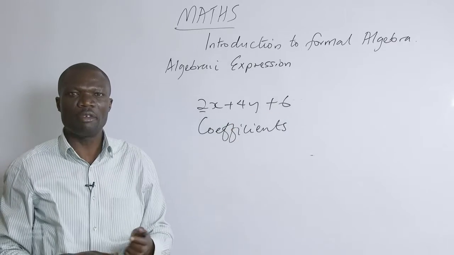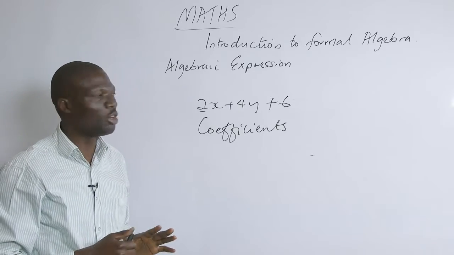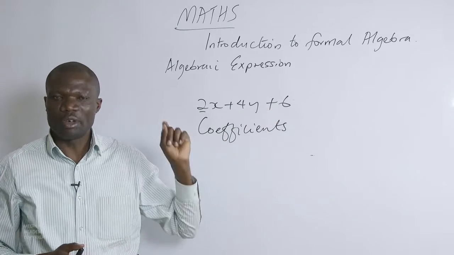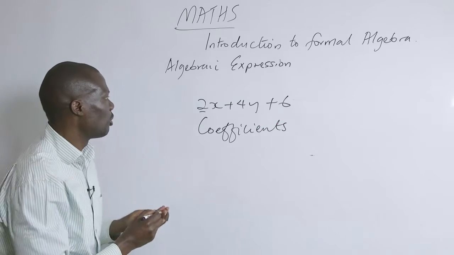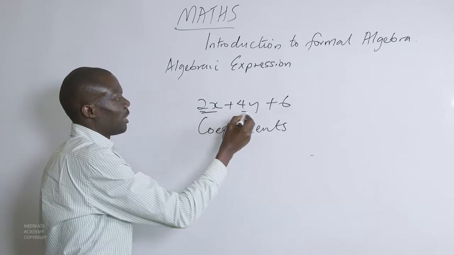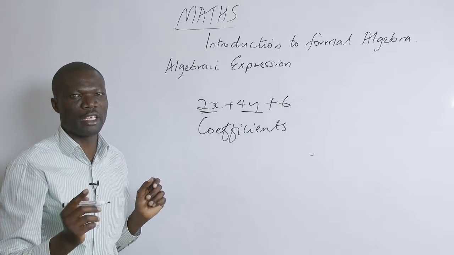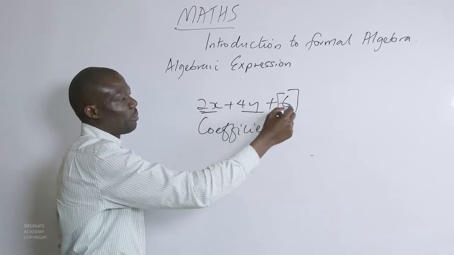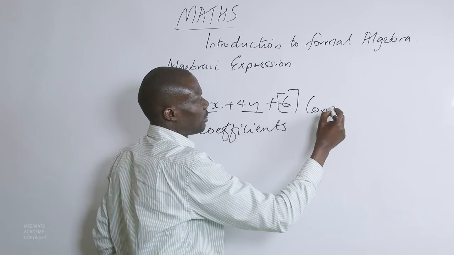And when we have a number without a pronumeral and without any other letter, we call that number a constant. So the number before a pronumeral is a coefficient, and a number without a pronumeral is a constant.